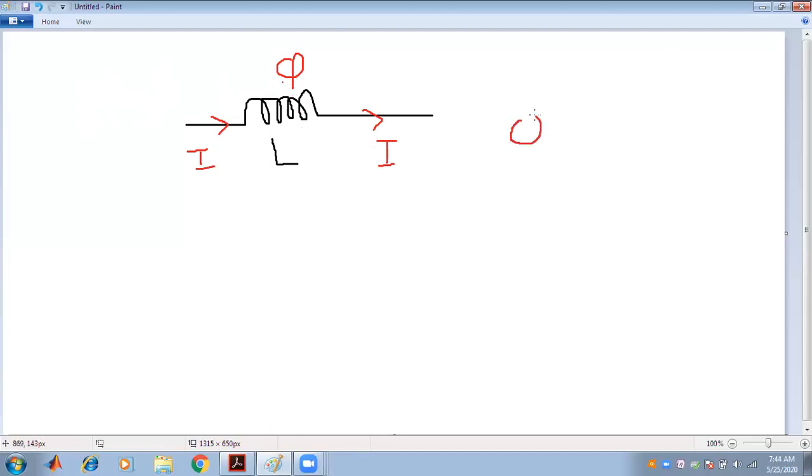The generation of the flux is directly proportional to the current flowing through the inductor coil. These are the turns.